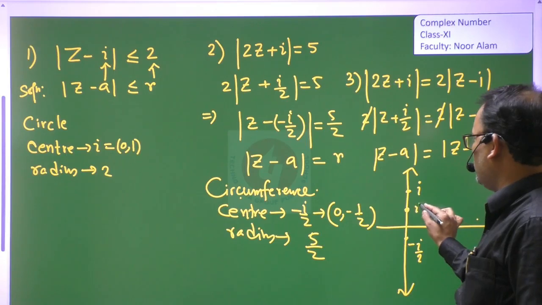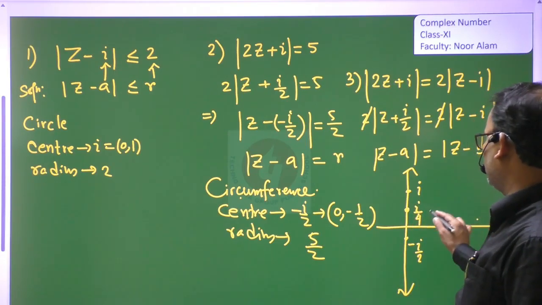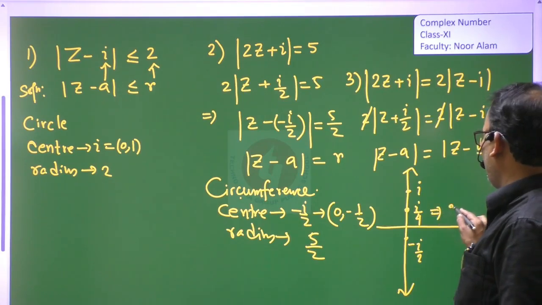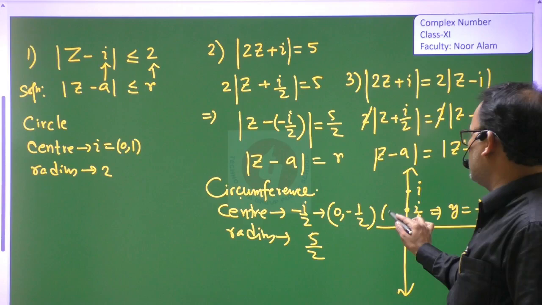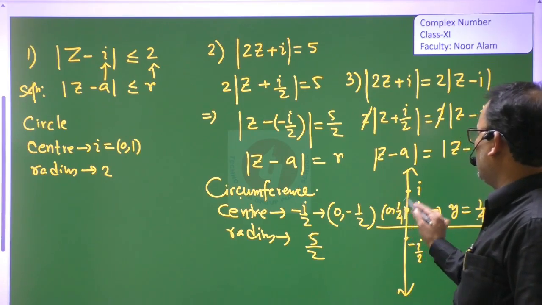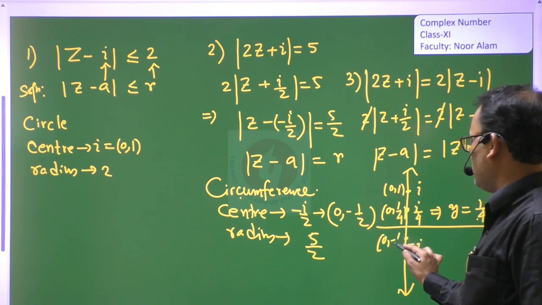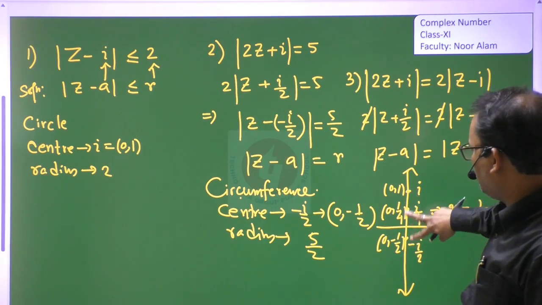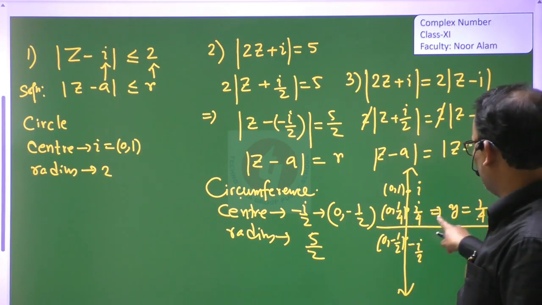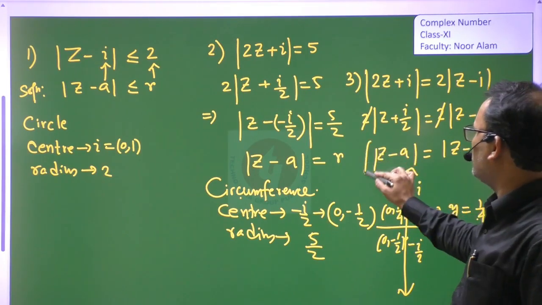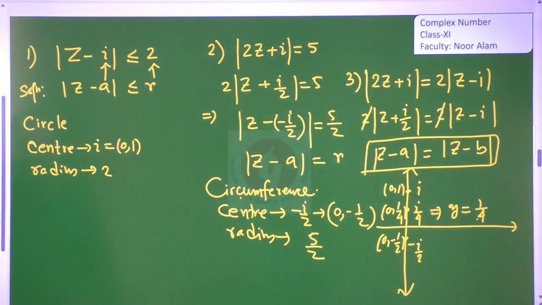That means iota by 4 is the equation of the perpendicular bisector. Or you can say y is equal to 1 by 4, because this point has the coordinates 0, 1, this point has the coordinates 0, minus half, and their midpoint is 1 plus minus half, that is half by 2, which is 1 by 4. So y is equal to 1 by 4 is the locus of this equation.